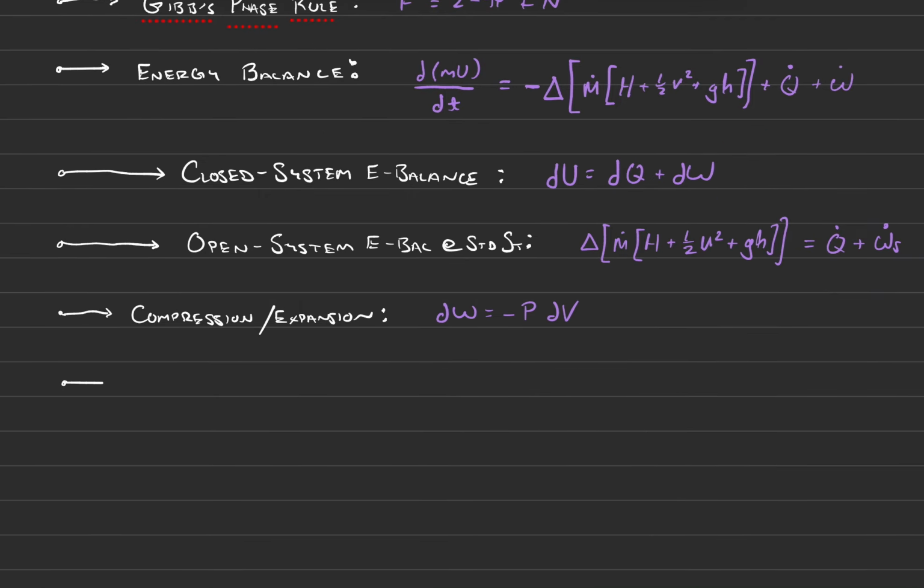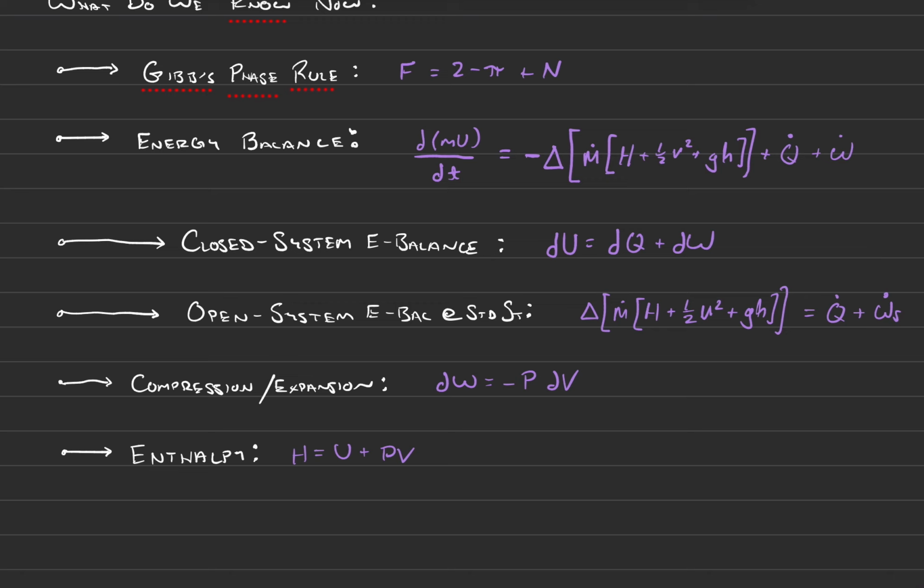Almost forgot, we also talked about the definition of enthalpy, right, which is going to be equal to H equals U plus PV, which helped us in our definition of flow work, right?